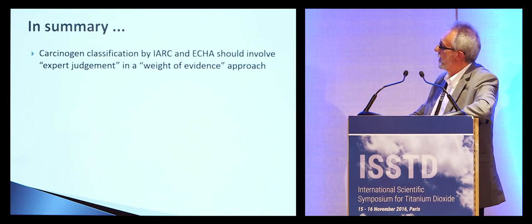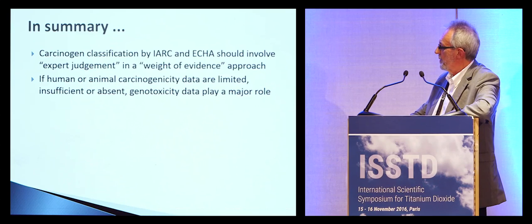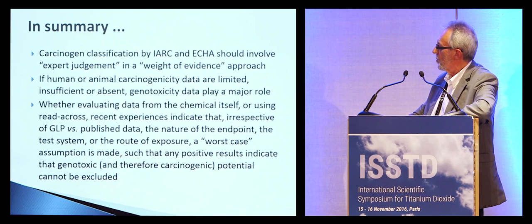So in summary, the process should involve expert judgment in a robust weight of evidence approach. But if human or animal carcinogenicity data are limited, insufficient, or absent, then genotoxicity plays a major role.